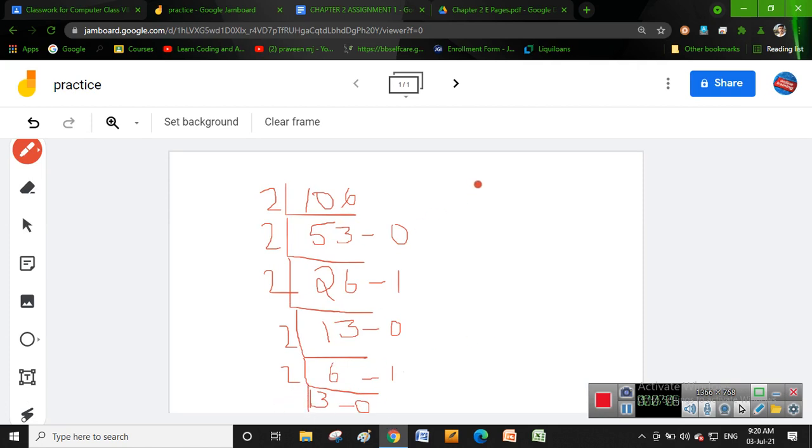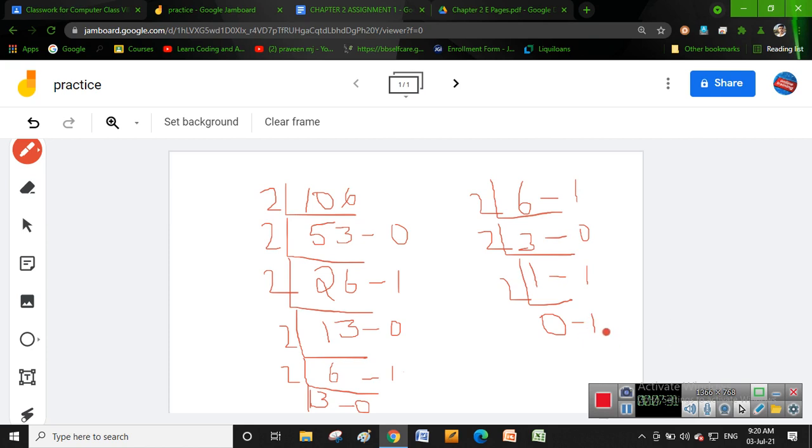Here there is no place, I am doing it here. 2 divides 6 times, leaves the remainder 1. Again 2 divides 3 times, remainder 0. 2 divides 1, remainder 1. 2 divides 0, remainder 1.